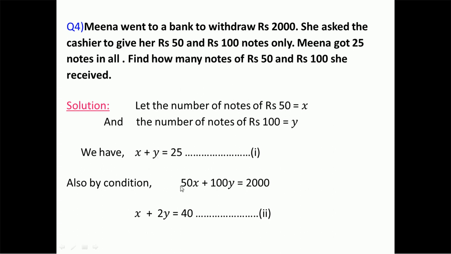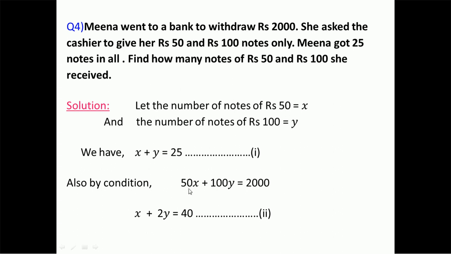So 50 rupees notes are x and 100 rupees notes are y. Their addition of the amount will be 2000. So here we get the new equation, 50 into x plus 100 into y, total amount is equal to 2000.